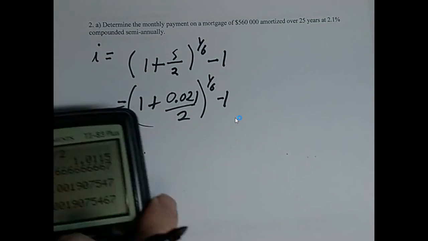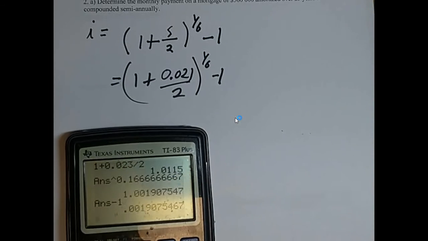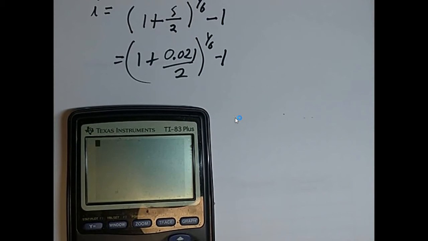And now I'm just going to apply the calculator here. Hopefully on the last one you figured out how to do it. If not, I will just do it the one way this time. 1 plus 0.021 divided by 2, close the bracket, to the power of 1 divided by 6, close the bracket, minus 1. So I got my interest rate of 0.001742.